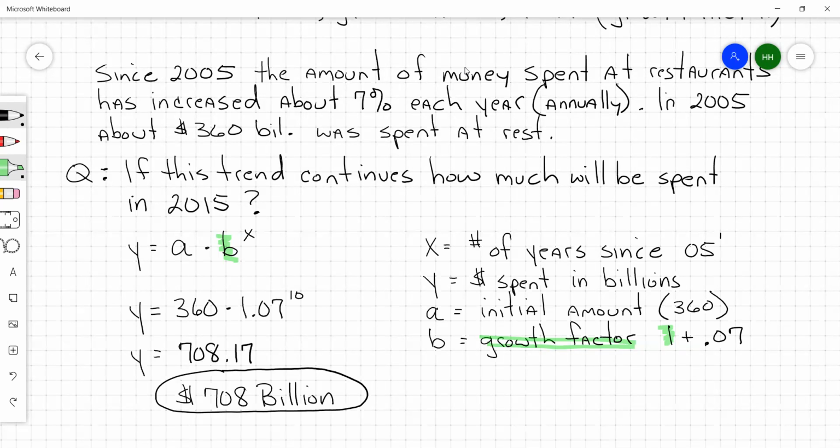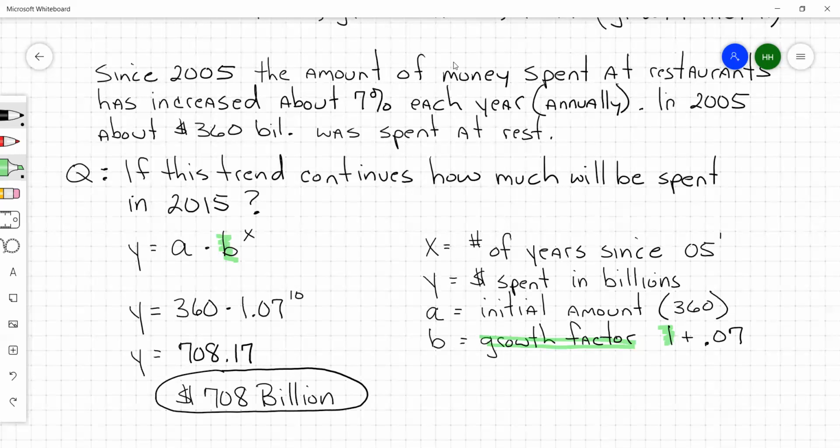Equals, and then push times 360, equals 708.17. Okay, perfect. Now, if you want to do it in the order that it's written here, let's see what happens.